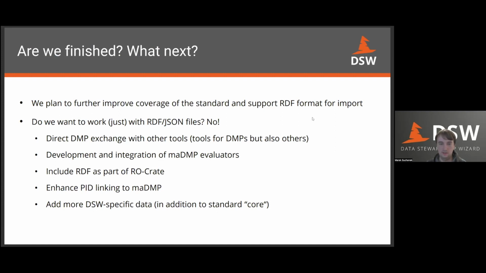What we worked on recently are RO-Crates. So we want to work on inclusion of these RDF formats inside RO-Crates, and also enhance linking of persistent identifiers. As I said, we have file sharing, we have Research Organization Registry, Crossref, but we want to, of course, take a look at what's in there as other possibilities.